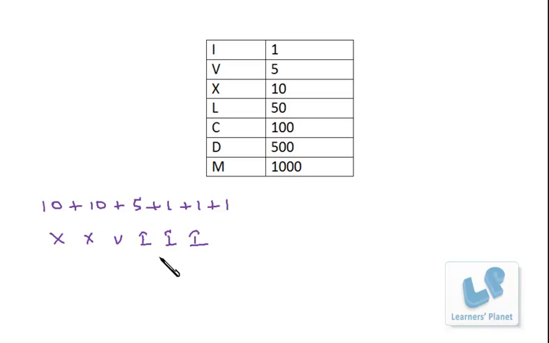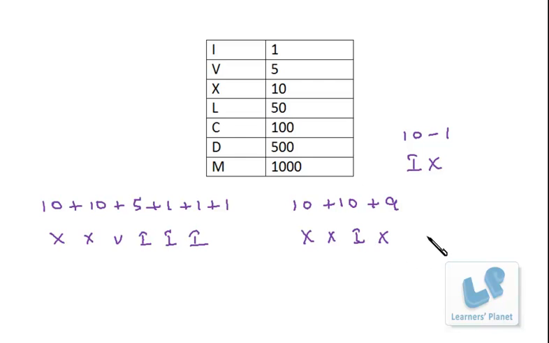If we have to write down 29, further, we cannot write I 4 times. So what I do is 10 plus 10 plus 9. Now how do I get 9? It's 10 minus 1. Now how do I write 10 minus 1? If I write I before X. So it's X, X, I, X. So 10 plus 10, 20. 20 plus 10, 30. 30 minus 1, 29.